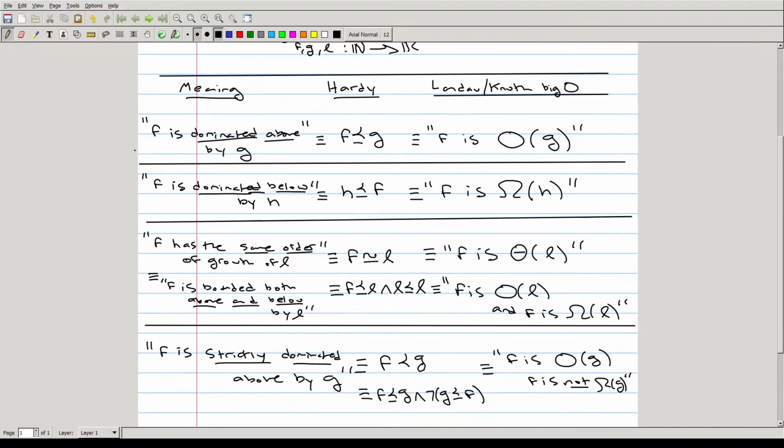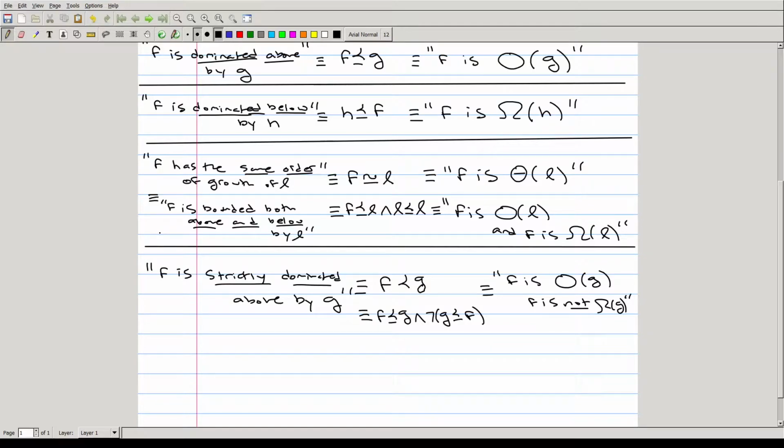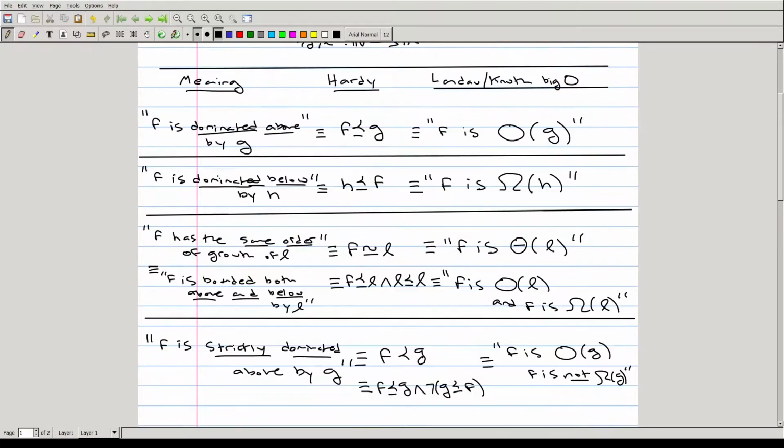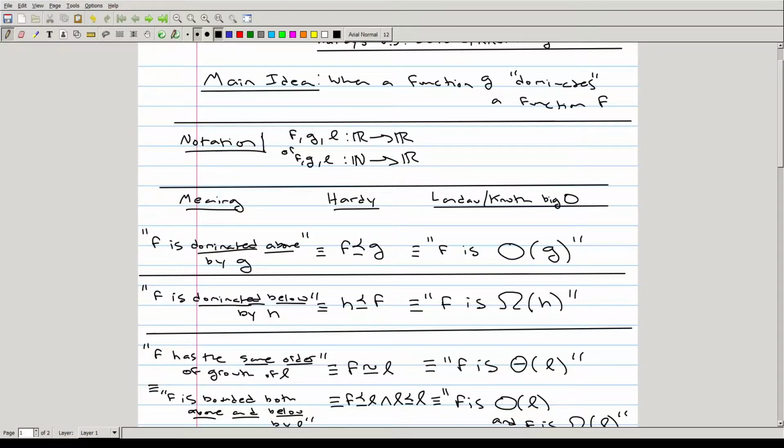So these notations, we'll see, are very, very useful and have a very intuitive definition using ordering on the real numbers. Because we know that these functions are going into the real numbers in either case.